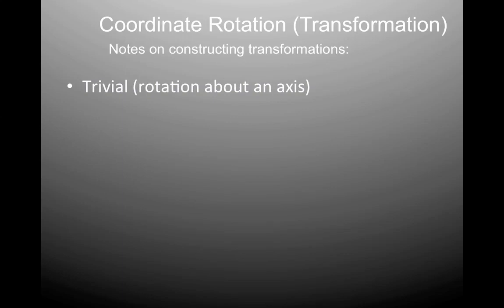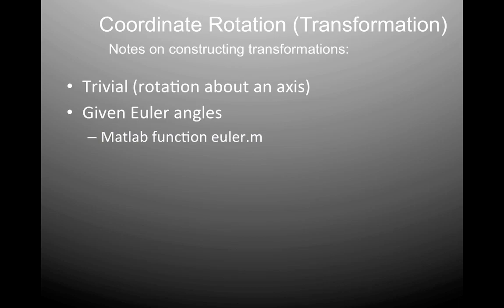Now here's some additional notes. You can write down the transformation matrix in trivial cases when it's a rotation about a coordinate axis. We've already done that. We can also construct a transformation matrix by giving 3 angles. I've provided you a MATLAB function called Euler.m, and to use that, here's an example.